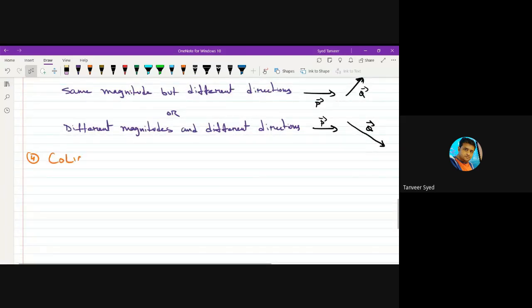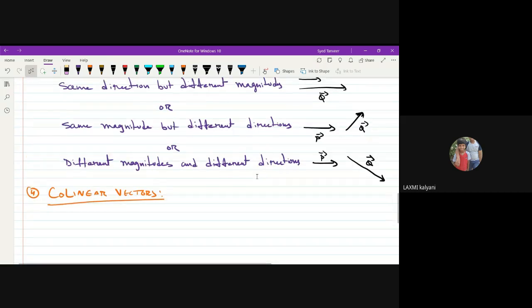Collinear vectors. Sir, can you scroll up? Collinear vectors. So these are vectors which act along the same line.